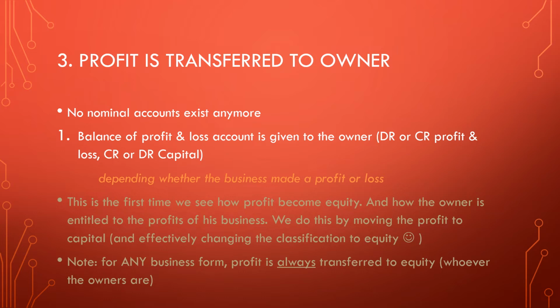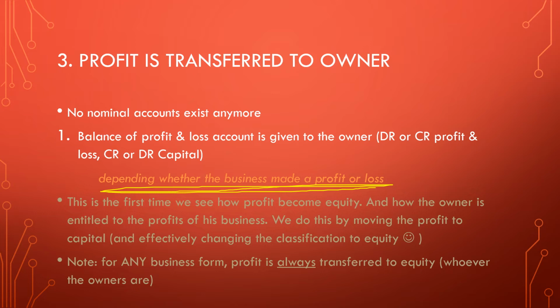What is quite important to take note of is the side your entries would be on, whether it's debit or credit. In this step, that would very much depend on something I highlighted at the bottom here, whether the business is making a profit or a loss. Remember, if the business is making a loss, it will be negative for capital, and if the business is making a profit, it will be positive for capital.